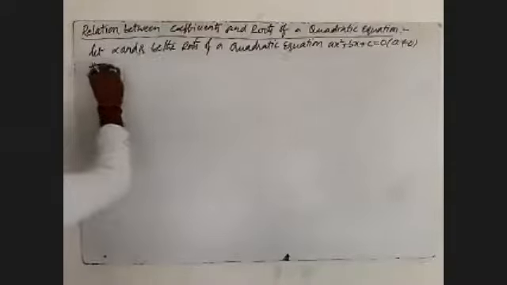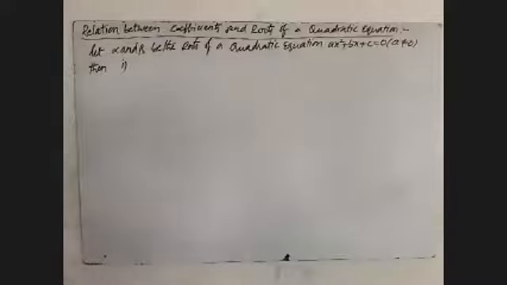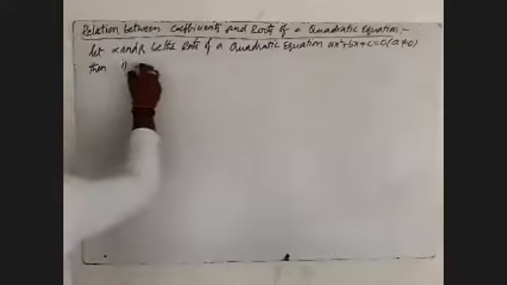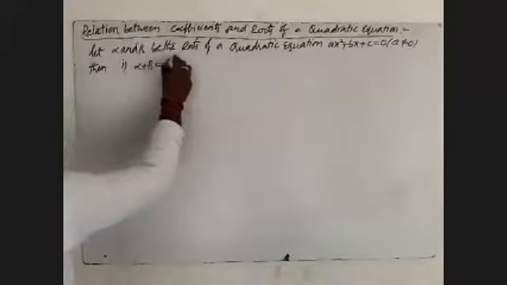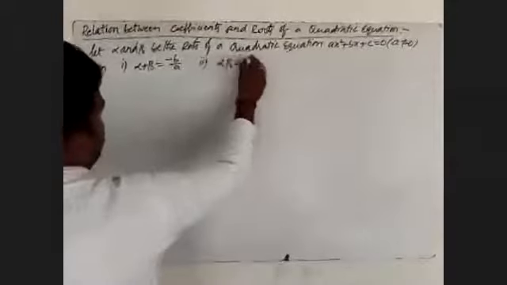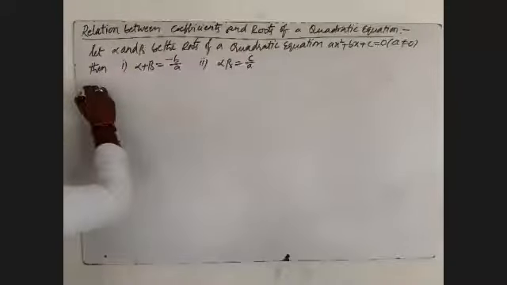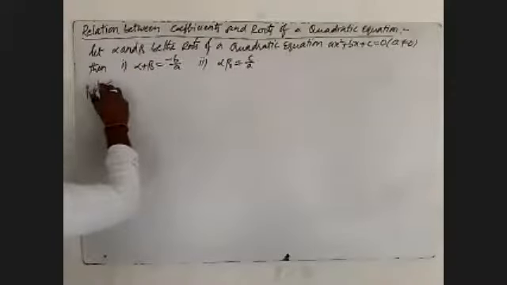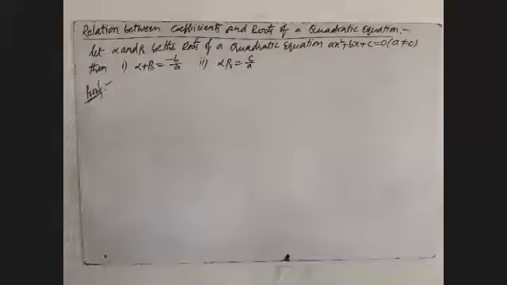Then two conditions will appear. The first condition is alpha plus beta equal to minus b by a. The second one, alpha beta is equal to c by a. I will take their proof, that I will write.